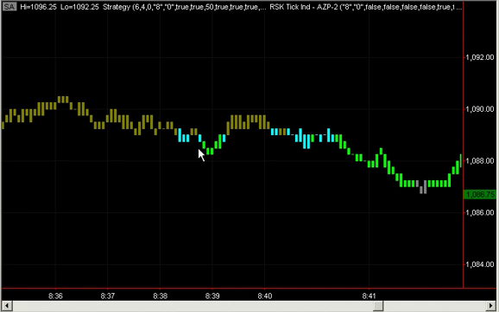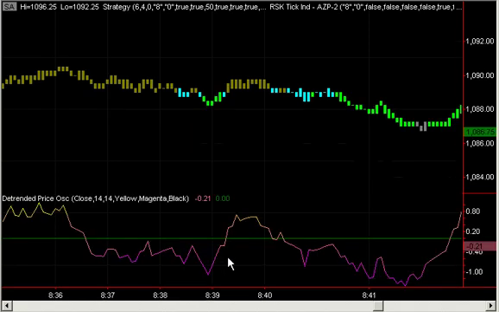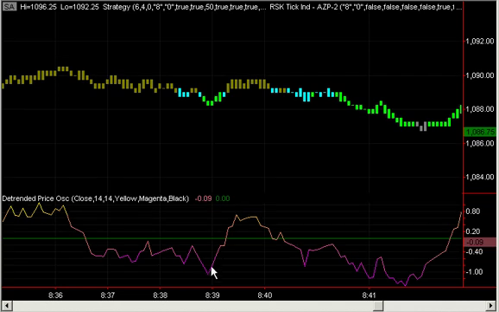A third way is to use a detrended price oscillator and to create a zone around it. This is one of our preferred methods. Now, just to give you an example of what I mean, here's just a typical DPO. We can set up, and this is very general, what I'm about to say, a zone that would say we cannot go short if the DPO is below the zero line.